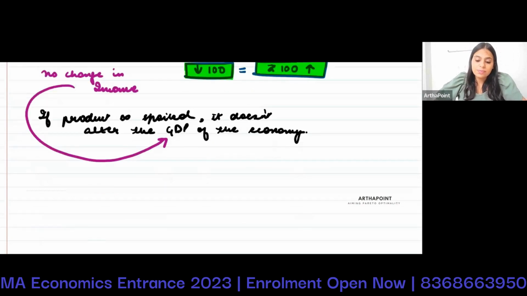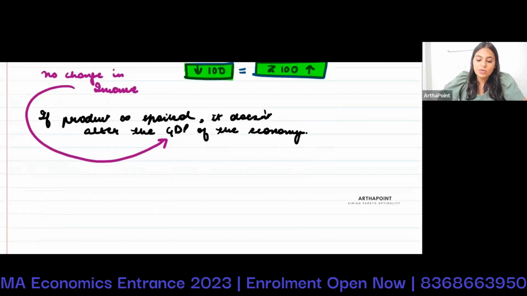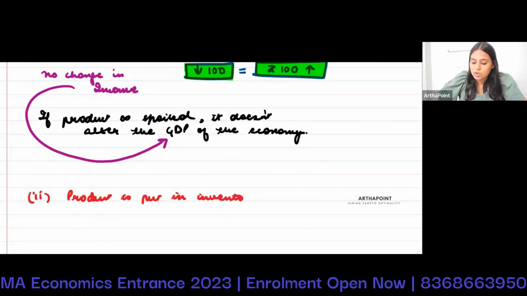Now, supposedly, I go ahead and take the other case. Let's say that now the product is not spoiled and it is put in inventory. So you produce this product. You could not sell this product this year. Now what do I do with that product?